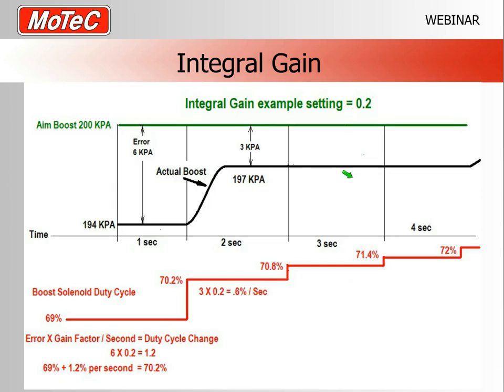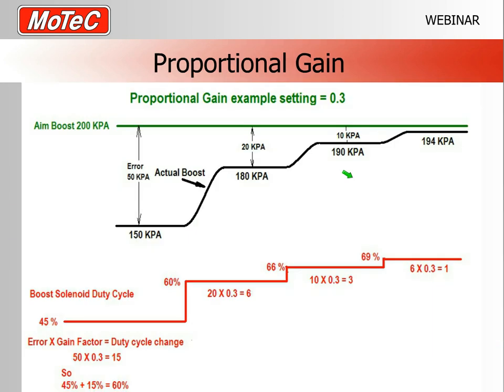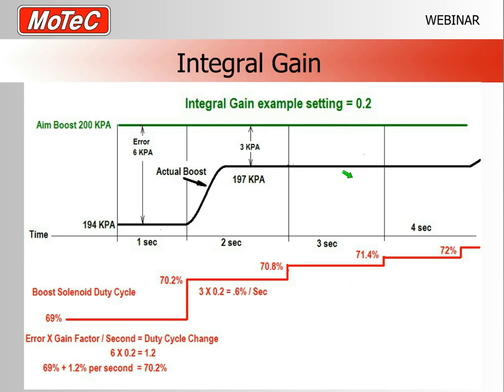Integral gain is about error over time. If we pick up from where we left off on the last screen, the proportional had removed a good hunk of error and we're sitting at 194 kPa.